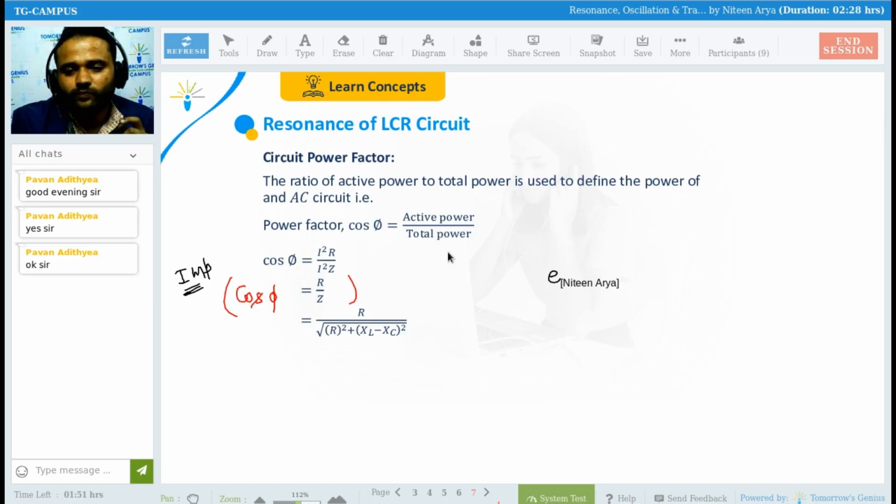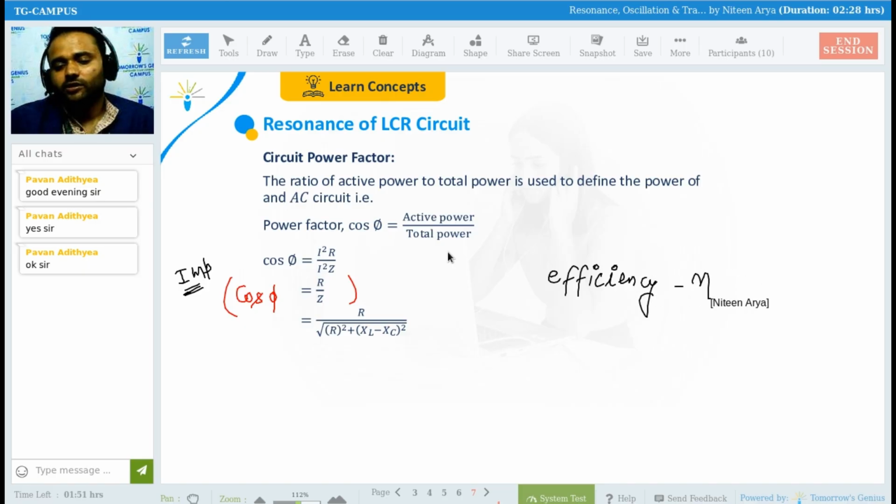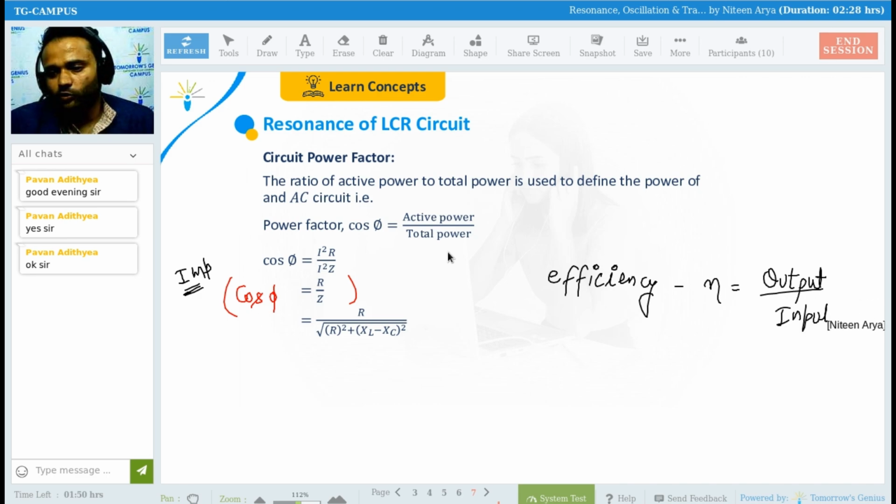You have heard this term, efficiency. So the efficiency of an engine is output power upon input power, or you can say output heat energy to the input heat energy, if we are talking about a heat engine.